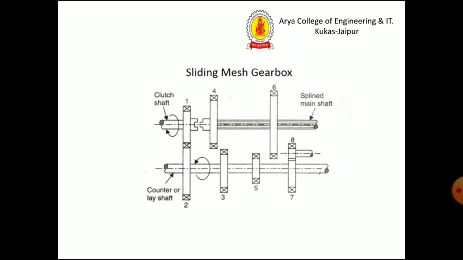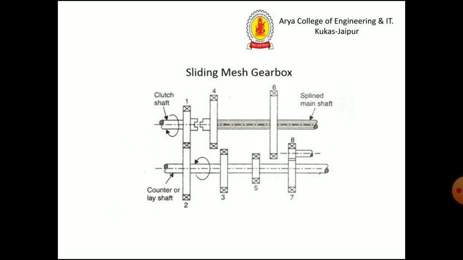This is the simple sliding mesh gearbox in which a clutch shaft is always attached to the output of the clutch, and gear number 1 is mounted on the clutch shaft, which always rotates when the clutch shaft rotates, and which is matched with gear number 2 on the counter shaft or lay shaft.